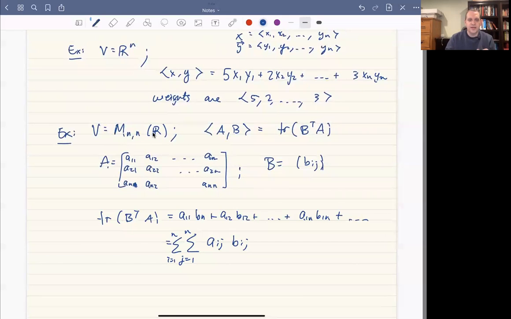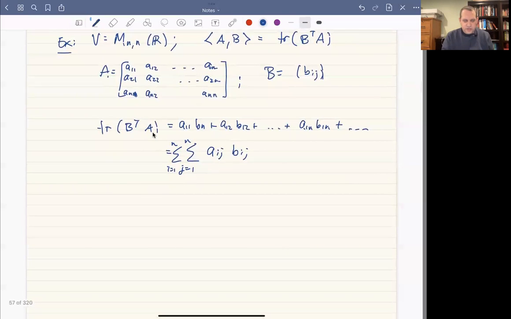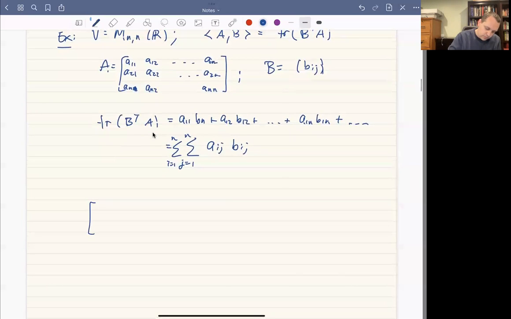I think it's worth seeing the connection here with the dot product. If you were to have a matrix, say 1, 2, 4, so let's say that's your A, and then B is going to be 2, 3, -1.